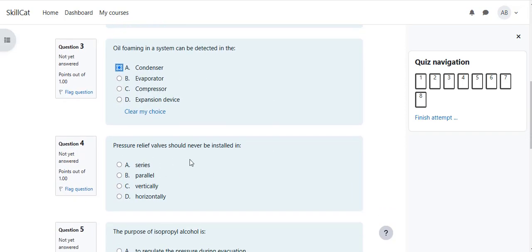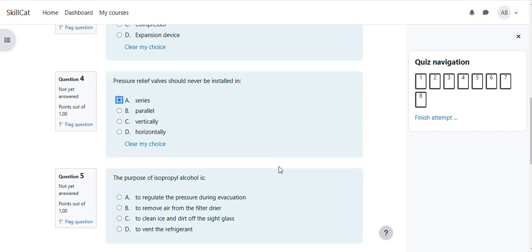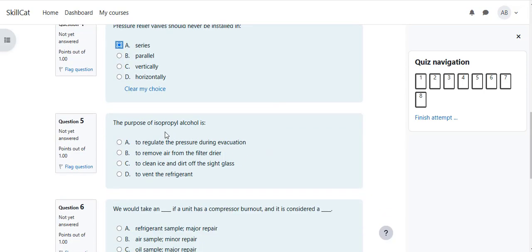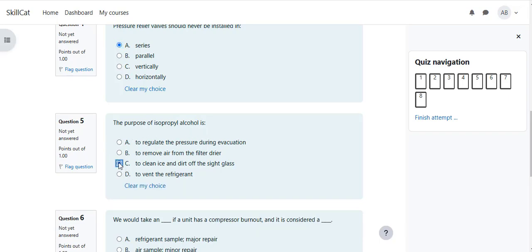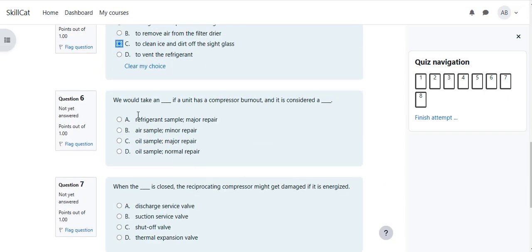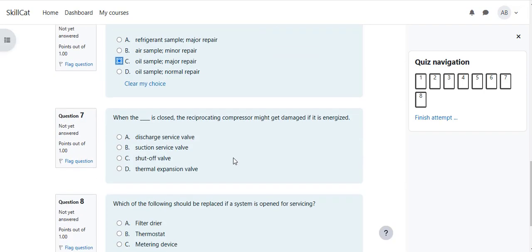Pressure relief valve should never be installed in series. The purpose of isopropyl alcohol is to clean dirt off the sight glass. We would take an oil sample if the unit has a compressor burnout, and it is considered a major repair.